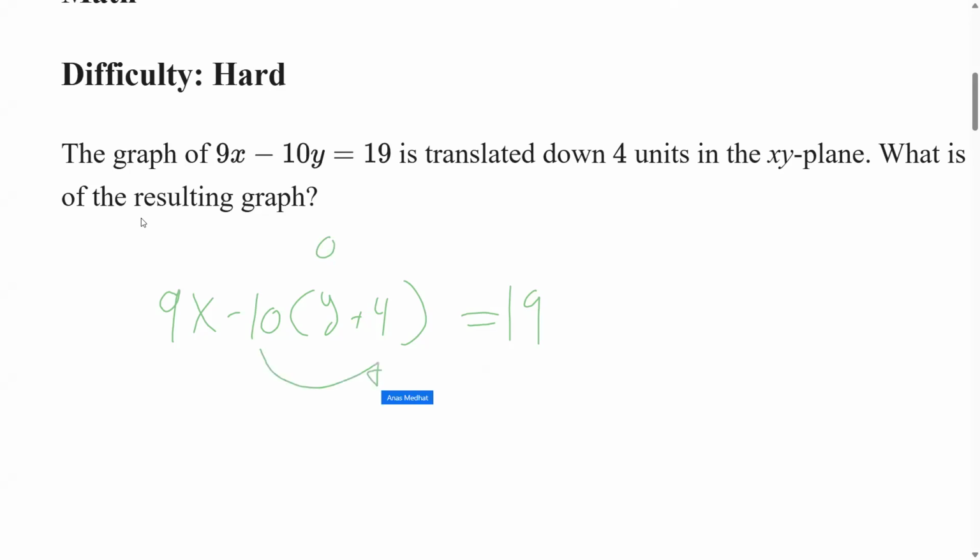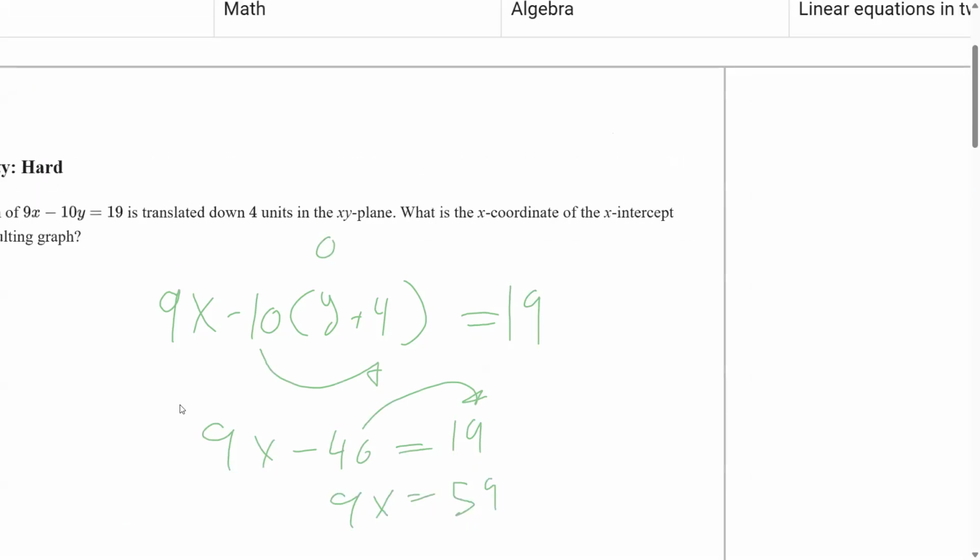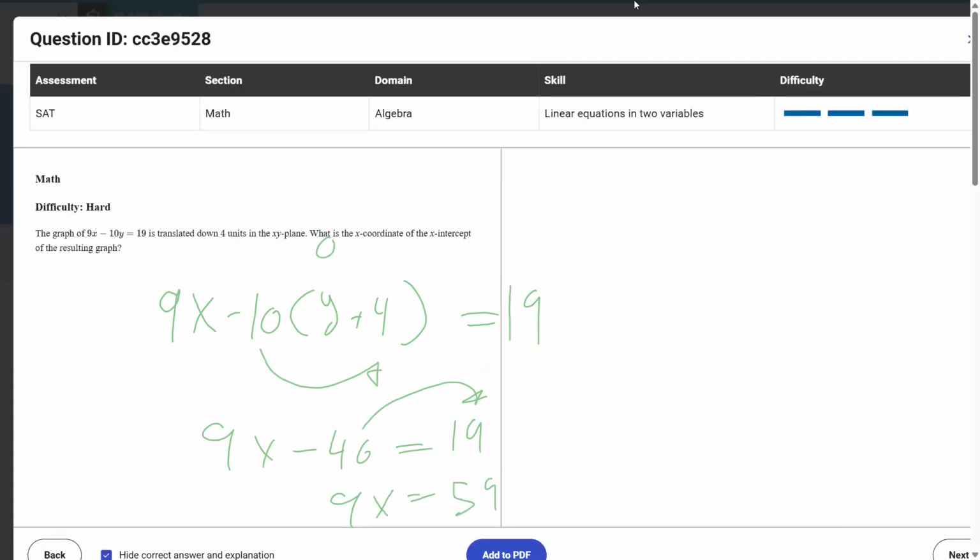So 9x minus 40 equals 19, and shift minus 40 to the other side. 9x will equal 59. So x should be 59 over 9. That's correct.